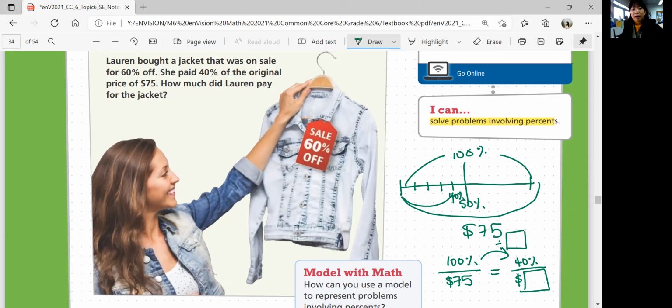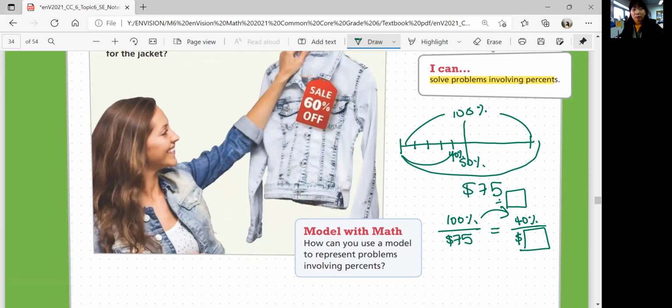If that's too hard for you, how about thinking backwards? 40 times a number is 100. 40 times 2 is 80. 40 times 2.5 is 100. So 100 divided by 40 is 2.5, and 100 divided by 2.5 is 40.